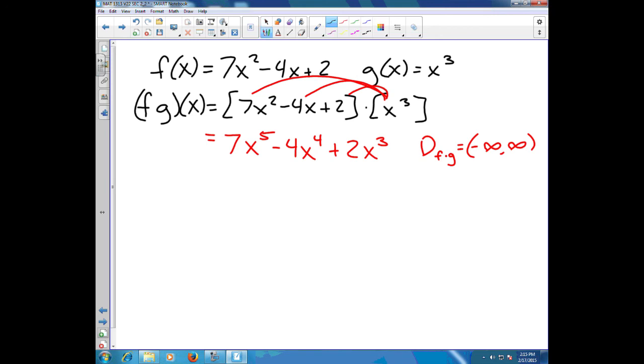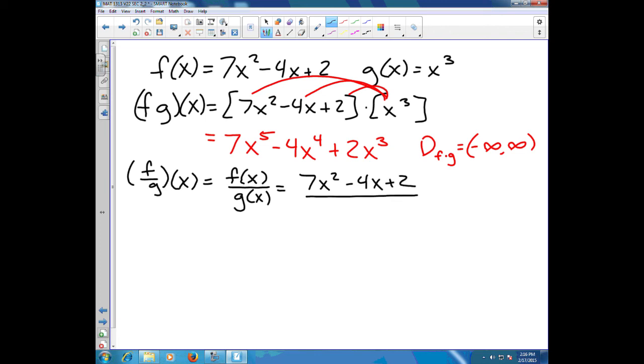Finally, we can do f divided by g. And in this case, we just get f of x divided by g of x, which is just 7x squared minus 4x plus 2 divided by x cubed. Now, if we look at this function, we have a denominator.